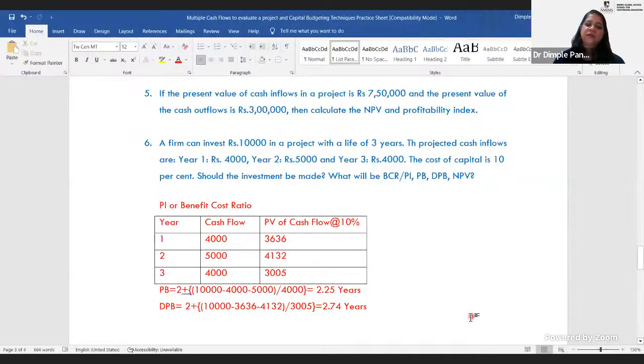If management has a benchmark of 2.5 years, what would you do with the project?